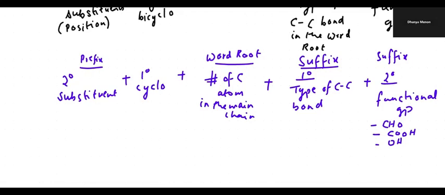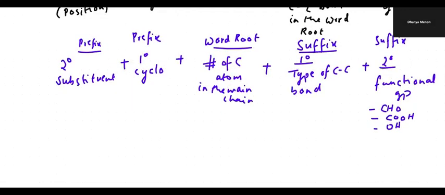So this I will keep, so that it's easy for us to refer back. I hope this order you're clear with. Now coming to the substituents, some of the substituents.